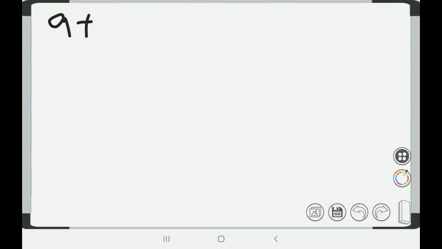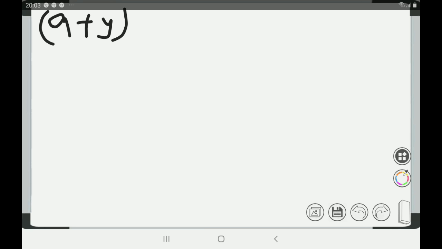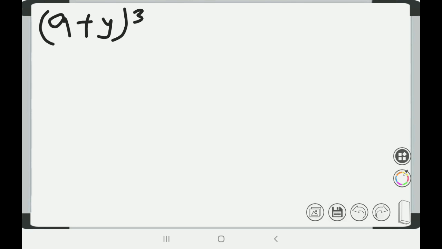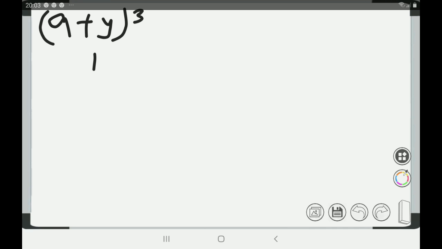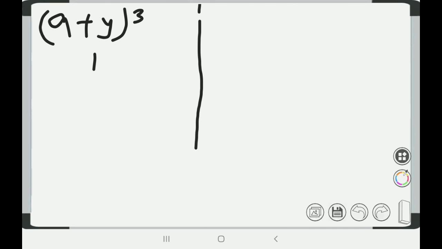plus y raised to 3. So using Pascal triangle, so answer a. So let me do it here so that I can do it completely somewhere.